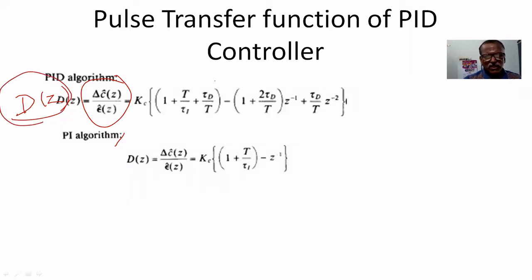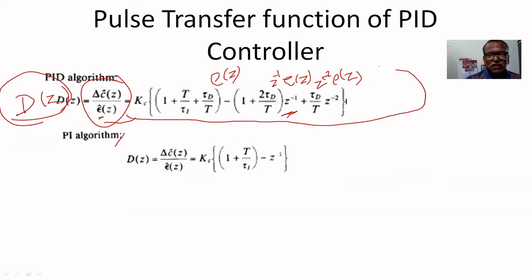Here E of n becomes E of Z, which we brought here. Here E of n minus 1 becomes E of Z with Z power minus 1, so we kept that Z minus 1 here. Here E of n minus 2 becomes E of Z with Z power minus 2. That's why this is the pulse transfer function for the PID controller.